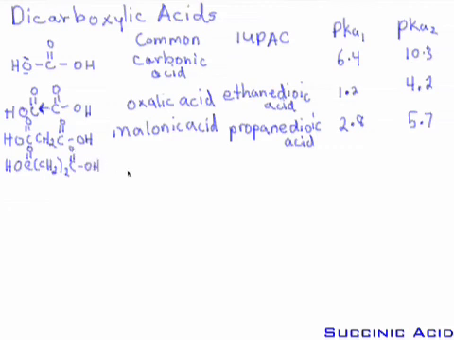If there are two CH2s between the carboxylic acids, you have succinic acid, or as IUPAC would call it, butane dioic acid.